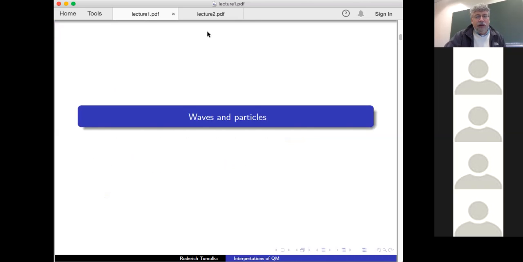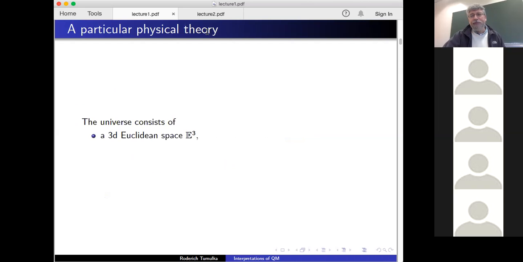Okay, let me start. Let me start with introducing some examples of physical theory. We will talk a lot about how fundamental physical theories should be formulated. So I will start with some examples of such theories and how they could be formulated.